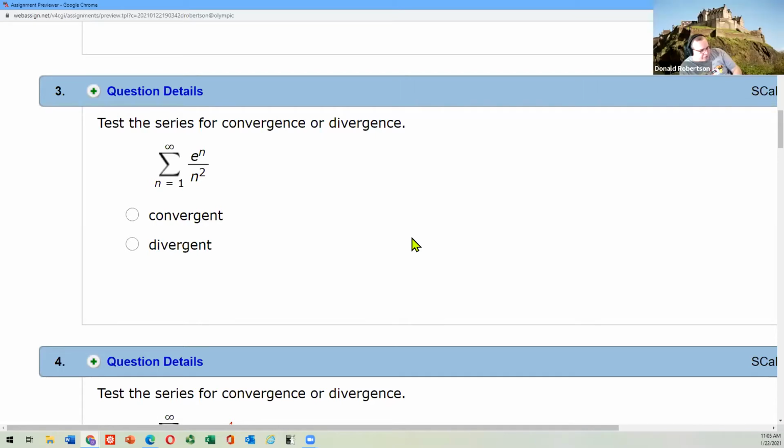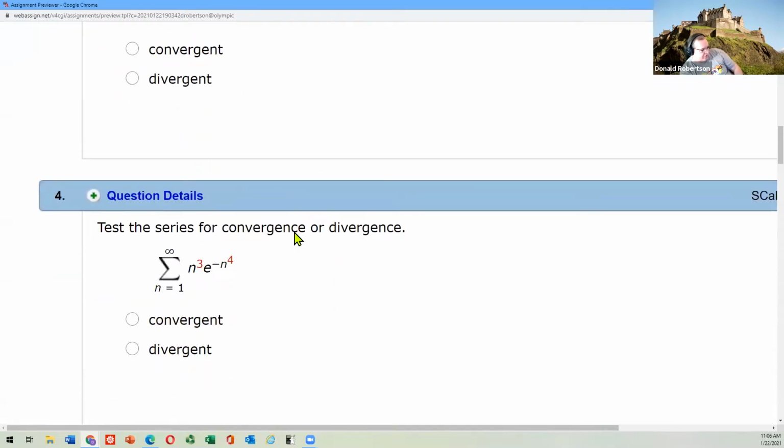This one is very strange because it's actually a test we hardly ever use. It's a divergence test. And the reason it's a divergence test is, won't that e to the n kill that n squared? Won't this end up being a limit of infinity? So it's a divergence test.